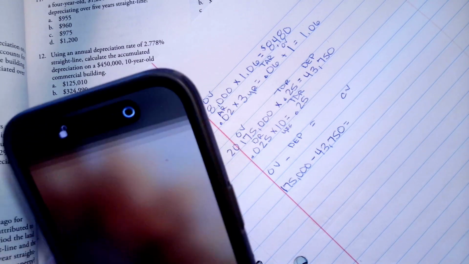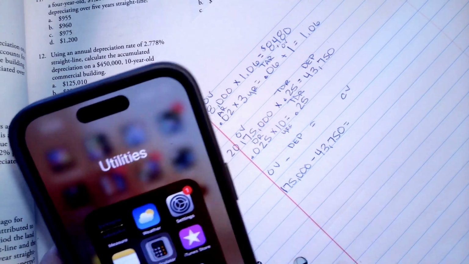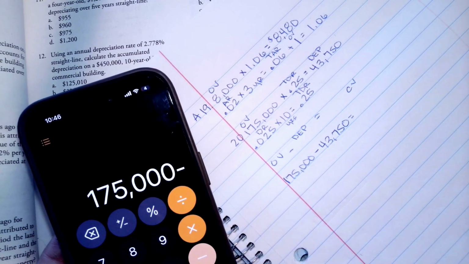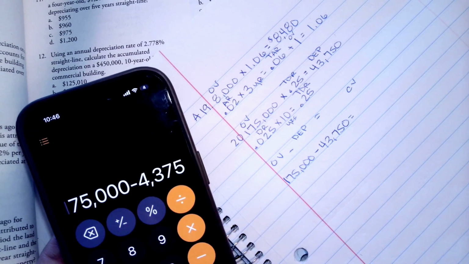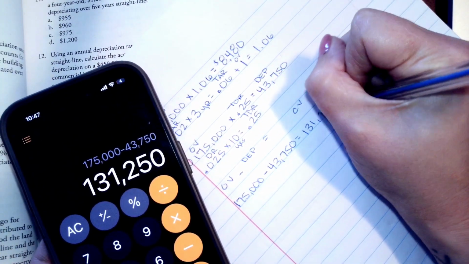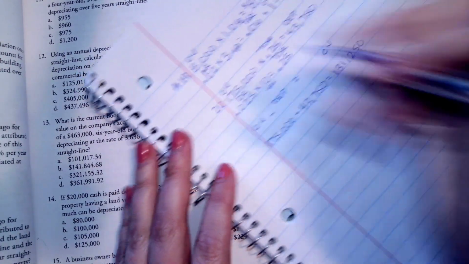Let me figure that on my calculator. 175,000 minus 43,750. So the current value is 131,250. So your answer is B.